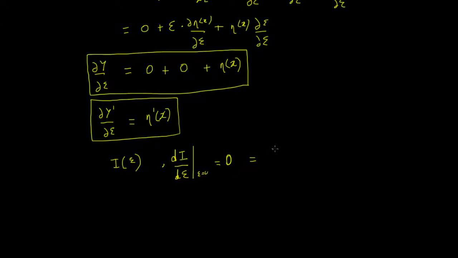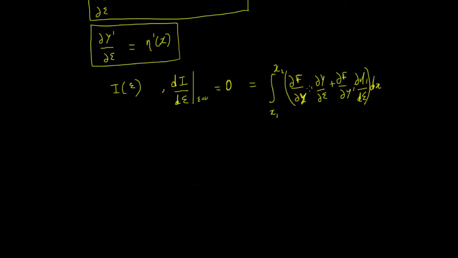We could write the integral from some value x1 to x2 of partial f by partial y, still large Y at the moment, times partial y by partial epsilon, plus partial f by partial y derivative times partial y derivative by partial epsilon, all by dx.